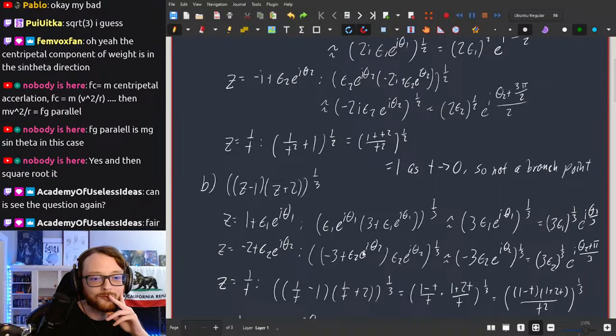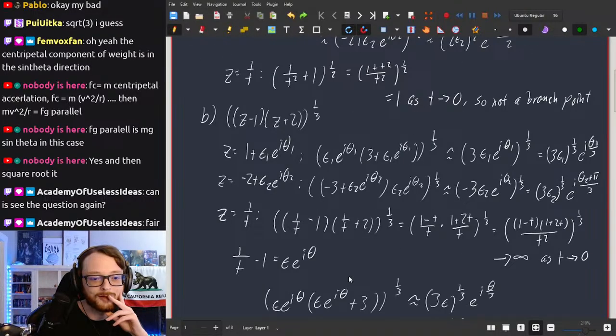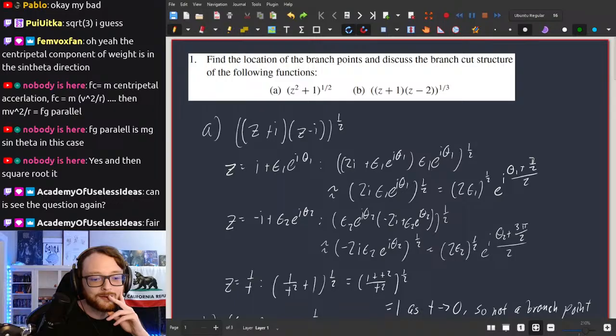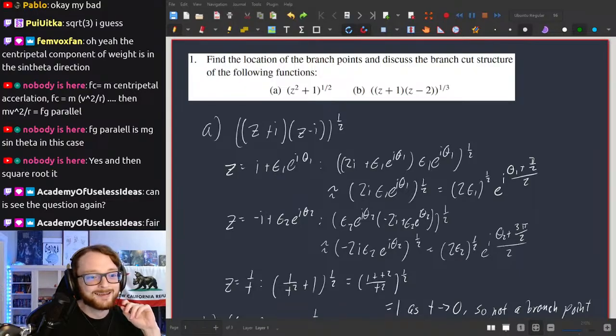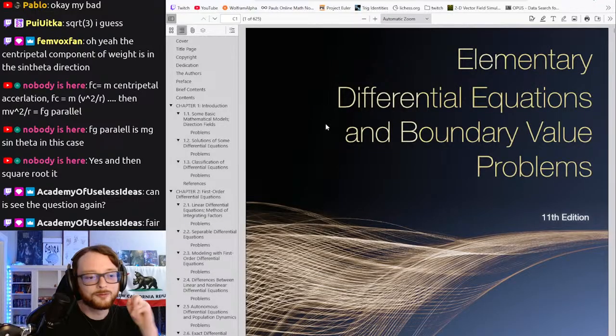That makes sense. It's always such a tricky thing that I need to get used to with branch points. I know people are sick of me talking about branch points in the same problem for multiple streams in a row. I could completely switch topics, which I was thinking about starting to mix in diffy cues.